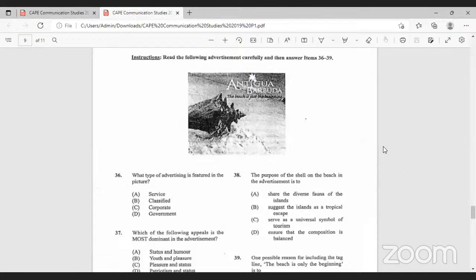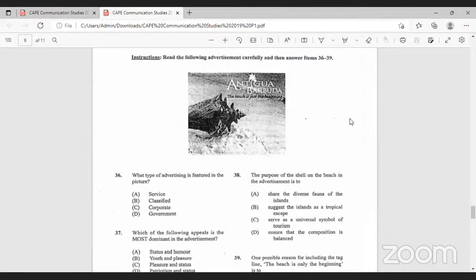Right, so yeah, 36. What type of advertising is featured in the picture? Service, classified, corporate, or government? You might not be able to see it, or the evidence is not there, but I will accept service.